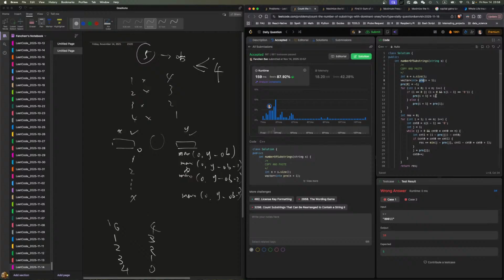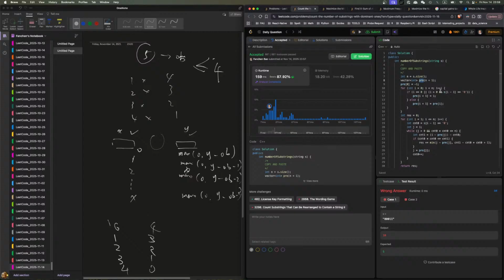This is to record the index. The previous 0, right? So like if current is 0 and the previous is 0, so we'll set it as to I. So that's like that.